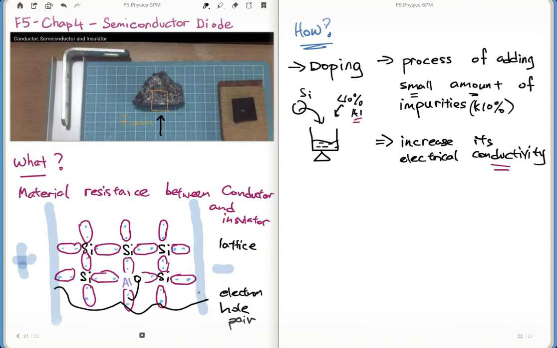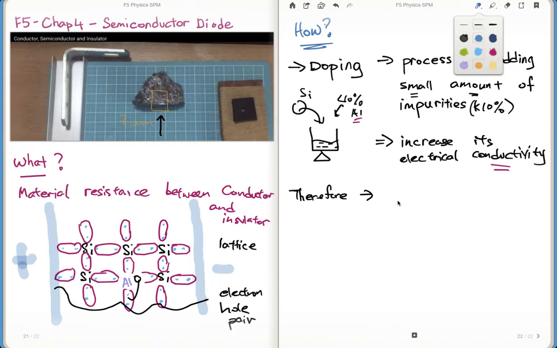Okay, so therefore the conductivity could be improved by introducing, or since you learned that word already, we dope with impurities.